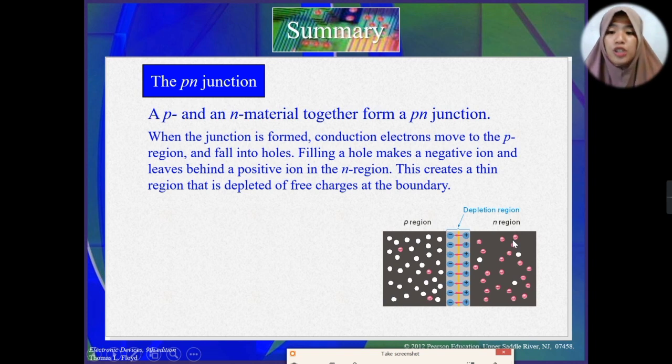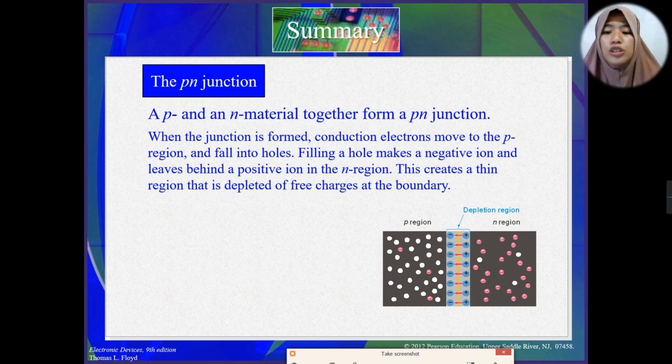If the P-N junction is formed, in the N region the free electrons are going to be lost. As the free electrons are lost in this N region, we create a positively charged layer near the junction. This positively charged layer is called the pentavalent ion.